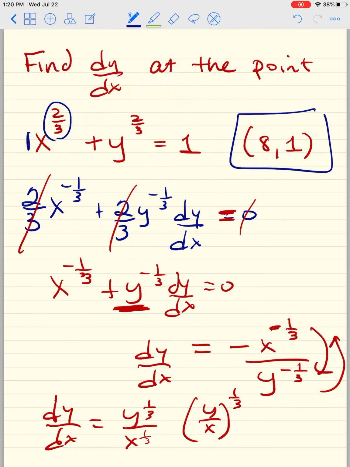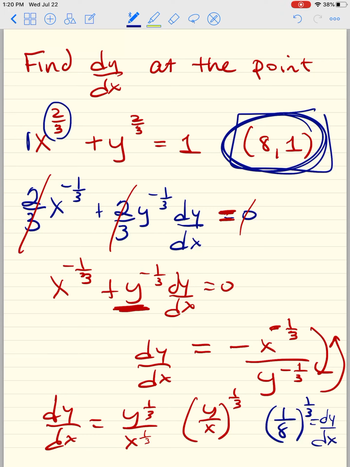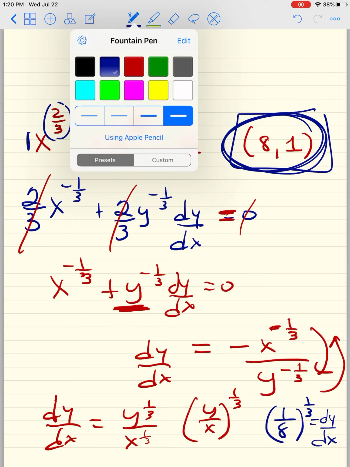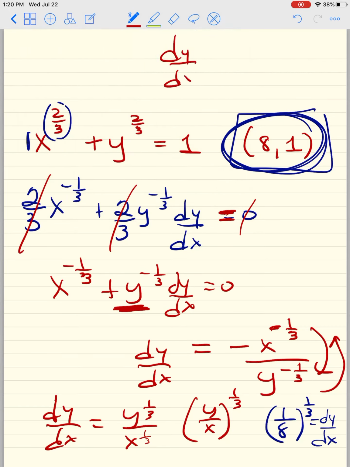And because our point is 8, 1, 1 being the y, 8 being the x, this is going to be 1/8 to the third is equal to dy/dx. And guess what? 1/8 to the third is 1/2. So this answer here, sorry about the room, I'll put it up here, dy/dx is going to equal 1/2.